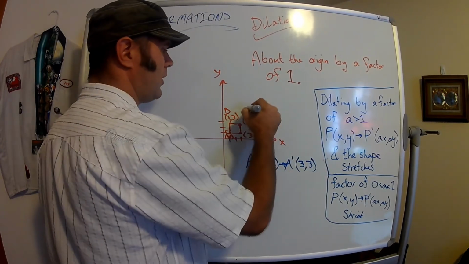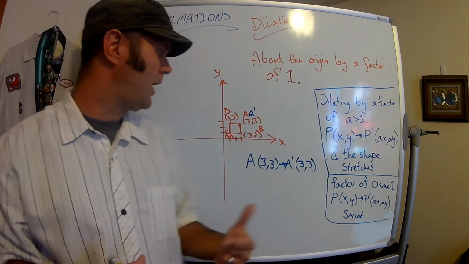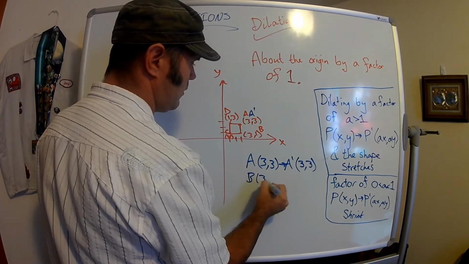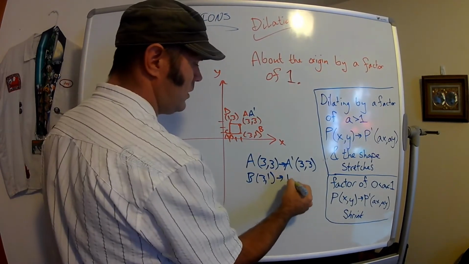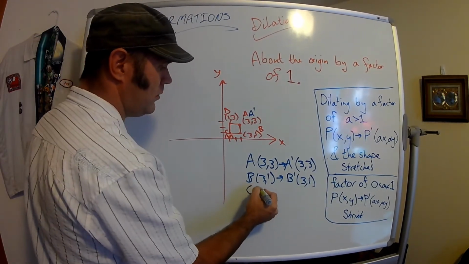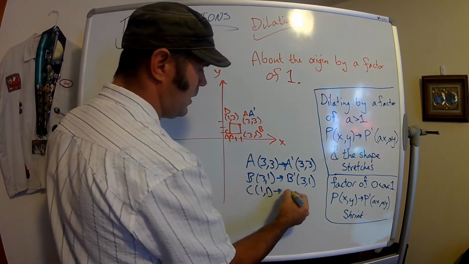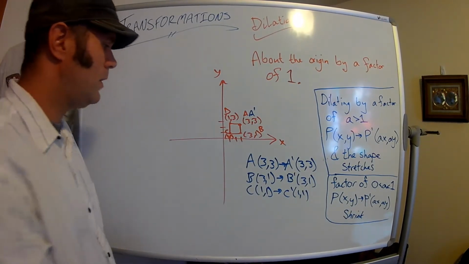It didn't change, so A prime is A. There's no change. Okay? B, 3, 1. Multiplying 3 times 1, you get 3, and 1 times 1, you get 1. So no change. C, which is 1, 1, becomes C prime, which is 1, 1. Because when you multiply 1 times 1, you get 1.